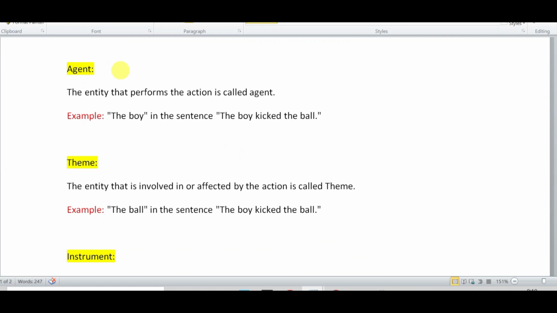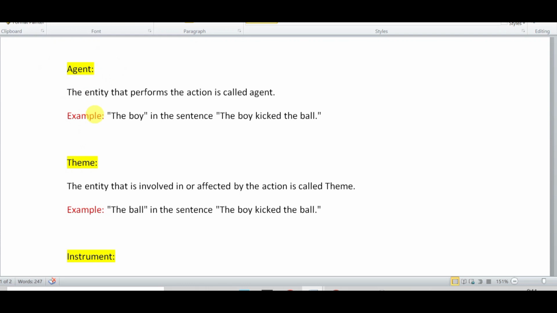All the things we are studying are the same, but the names are different. You know that agent is actually the subject. In grammar it is called subject, whereas here it is agent. Because this is linguistics, the pure study of language, a deeper study of the sentence and the words, whereas in grammar we look at it from the side of grammar.